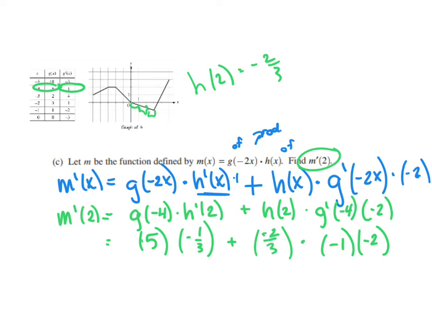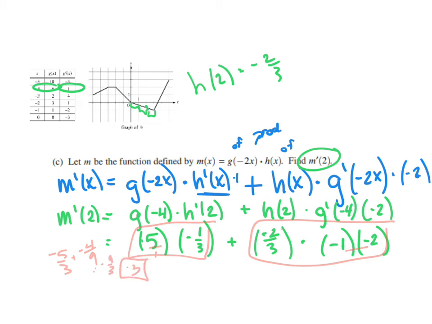And lastly here, I just need to figure out what each of these are. So this times this, multiply the tops over the bottoms, that's going to be negative 5/3. Multiply these tops, that becomes positive 2 times negative 2/3, becomes a negative 4/3. So I get a total of negative 9/3, which is equal to negative 3.